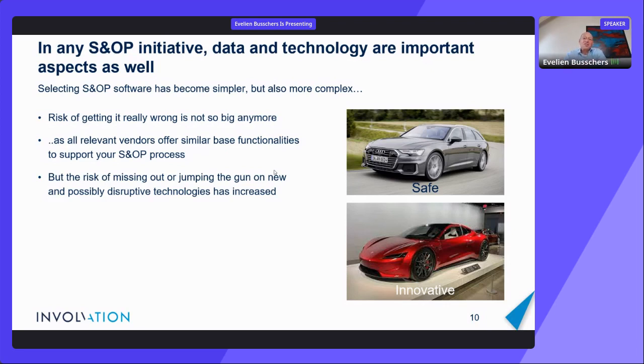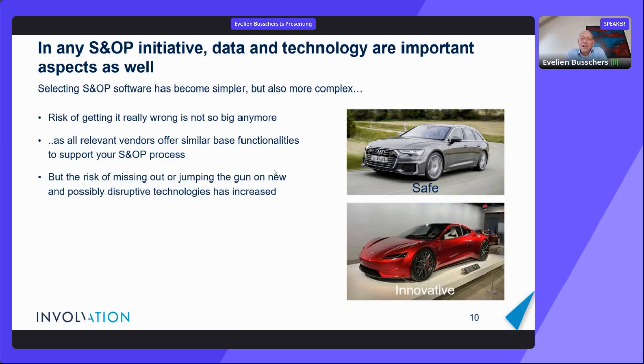I've tried to symbolize that with two types of cars, where you can go for the very safe, very solid, proven technology in the Audi station wagon at the top, and you won't make a mistake. You'll have a fantastic journey wherever you need to go. But you can also choose a maybe more innovative solution, pictured at the bottom.